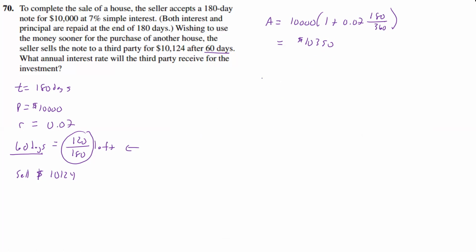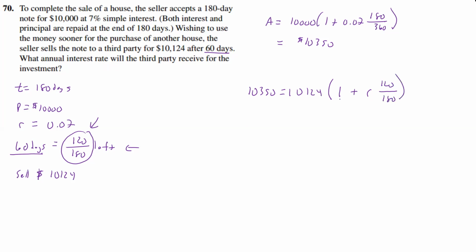If we plug all that in, our future value is 10,350 equals 10,124 times 1 plus R, which we don't know, that's what we're looking for, times T. Now again, this is how much time is left, 120 over 180 days.